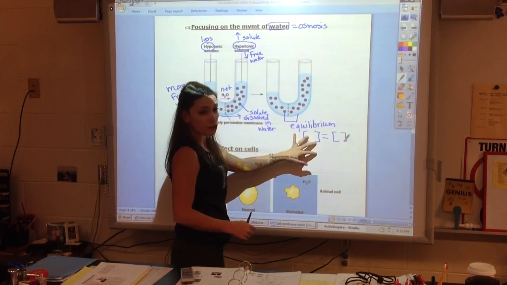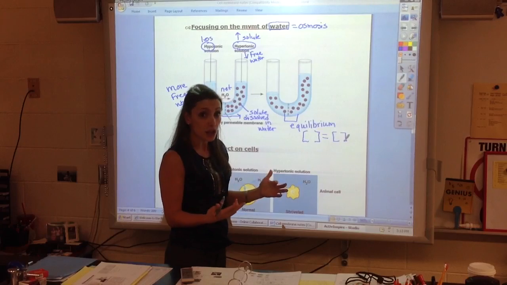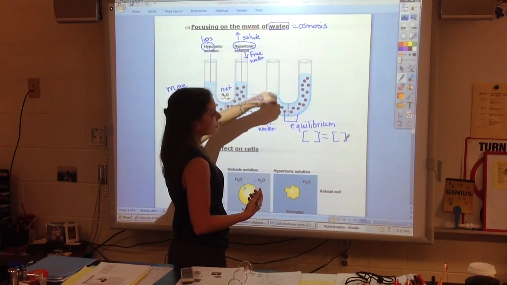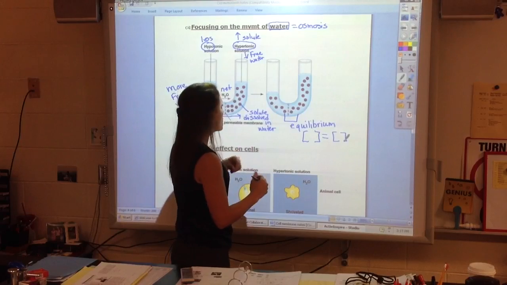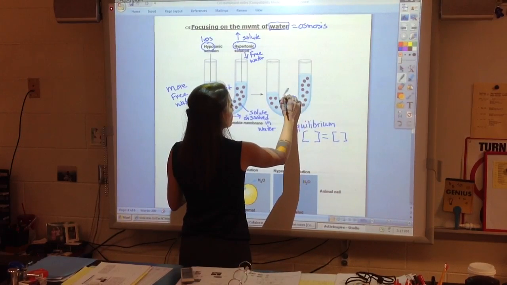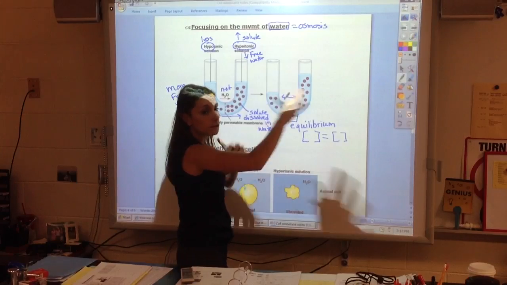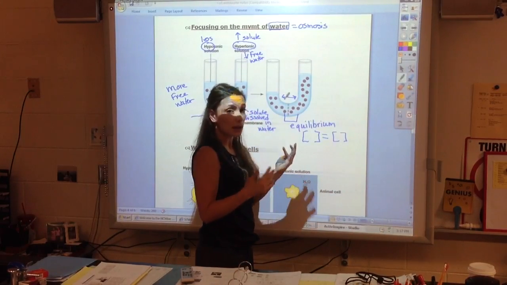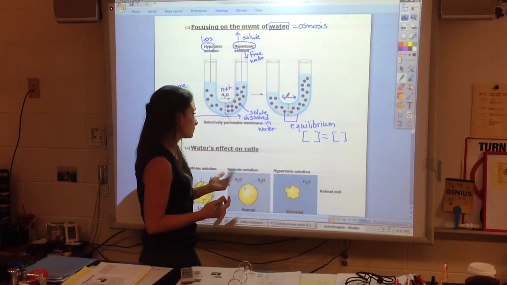But remember, concentration is kind of like a ratio, meaning we have the same amount of water to solute on both sides. And we do have this idea of net. Water is actually still moving back and forth. These free water molecules are still moving around, but they're moving back and forth kind of equally.